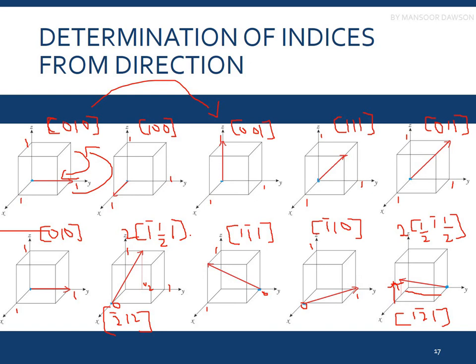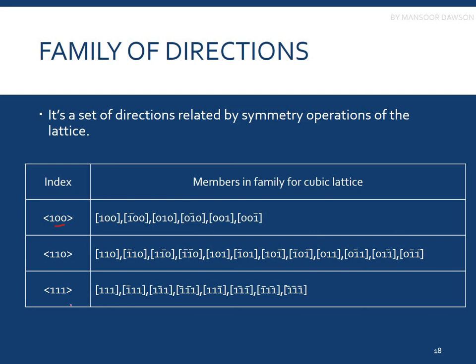I'll give you an example. Yeah, this one is there. So you can see that if you shift this plane backwards, you will get this direction. So these two directions are equivalent. And lastly, you can see that there is a family of 111 directions in which certain directions are also in the negative index, the negative values of x, y, and z.